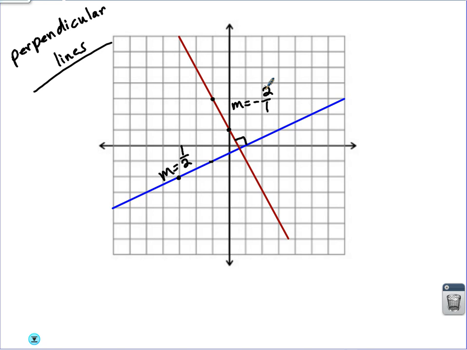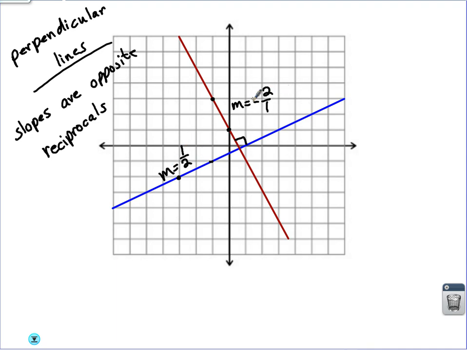The slopes will always be opposite, meaning that one will be positive and one will be negative in all cases, and they are reciprocals. When we say reciprocals, that means flips of each other: 1 over 2, 2 over 1.